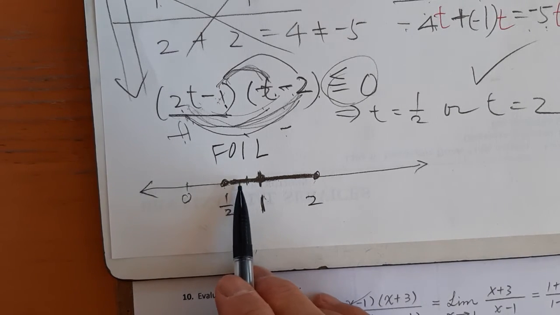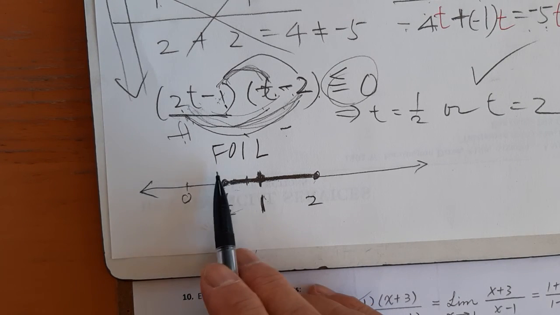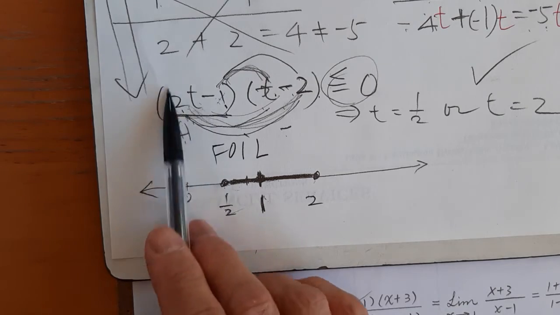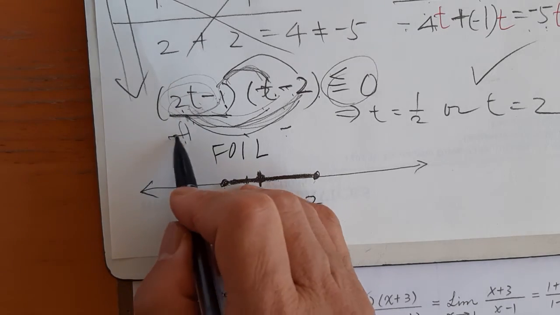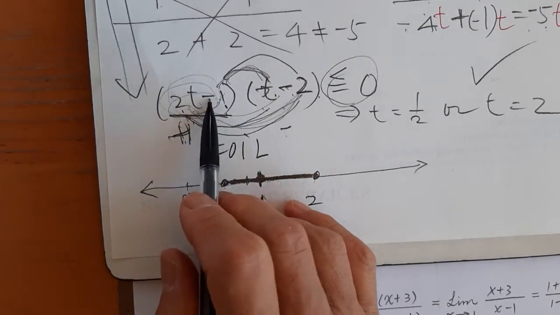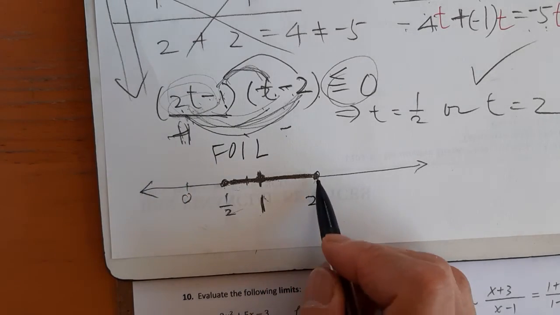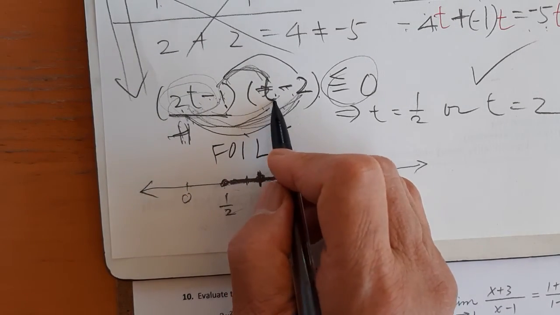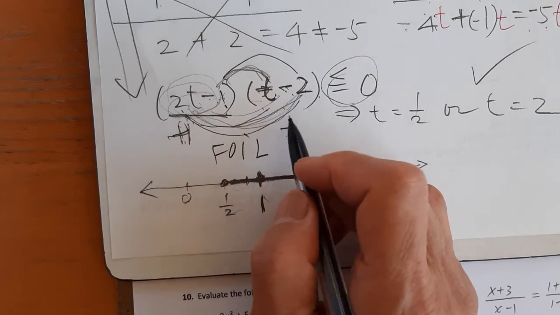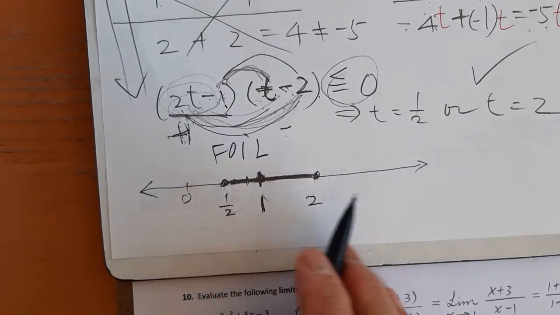Any number greater than 1/2, you plug it in here, will be positive, making 2t minus 1 positive. And since it is less than 2, you plug it in here, t minus 2 becomes negative. So positive times negative is negative.